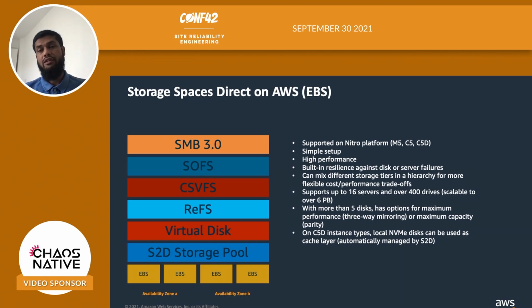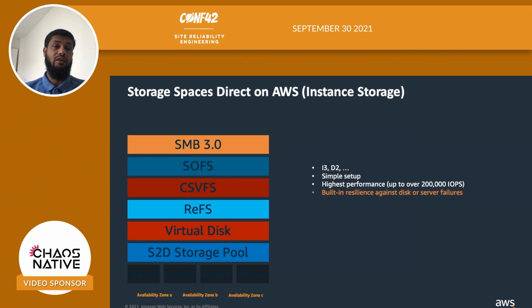It supports NTFS and ReFS, and supports up to 16 servers or 400 drives, scaling up to 6 petabytes, and this is on EBS volumes. You can do S2D on the instance storage as well, using the i3 and D2 instances. It's simple to set up, with high performance up to 200k IOPS because of the underlying NVMe. You're using the instance local store, with built-in resilience against disk or server failures. Now, these are ephemeral.